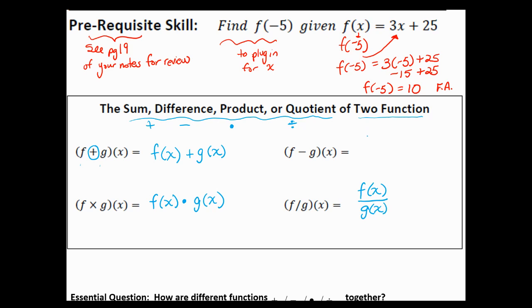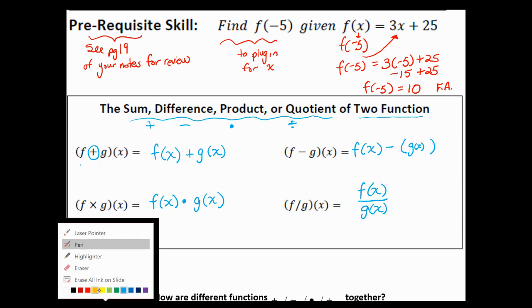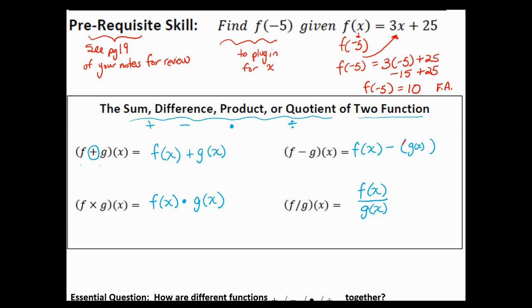Now this one I left separate because there's an extra step. So this is the f of x function minus, and you have to put parentheses, the g of x function. So you must add on the subtract problems this extra set of parentheses after a minus.